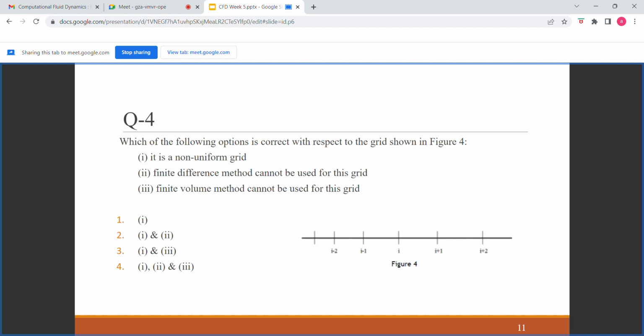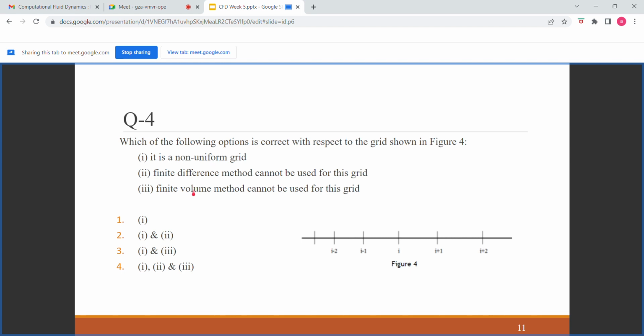Before moving on to the options, we'll see which of the statements is correct. It is a non-uniform grid, that is correct, because the sizing is different in each step. Finite difference method cannot be used for this grid, not true, because we can use the finite difference method, but the procedure would be slightly complicated with delta x varying at each step.